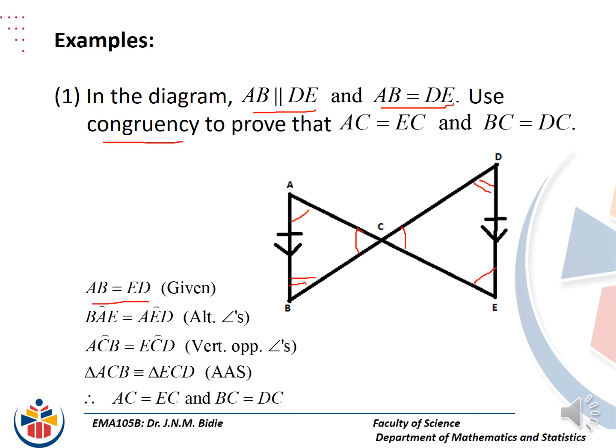Whatever side you choose to use, whatever reason you choose to use, it's still correct as long as you're going to prove congruency. Because we already have two angles and a side, these two triangles are congruent. And if they are congruent, that means their areas are equal, and therefore even the sides are equal.